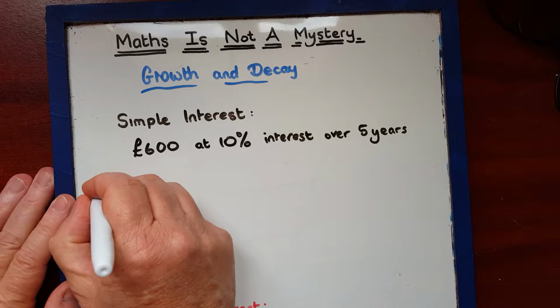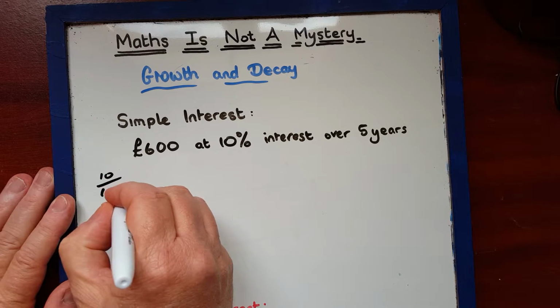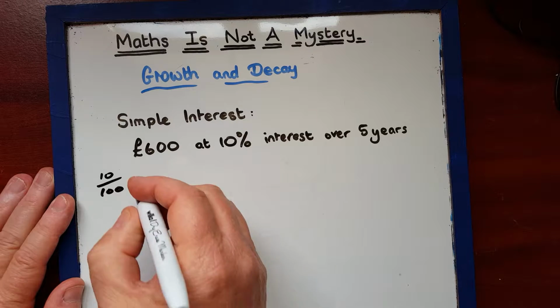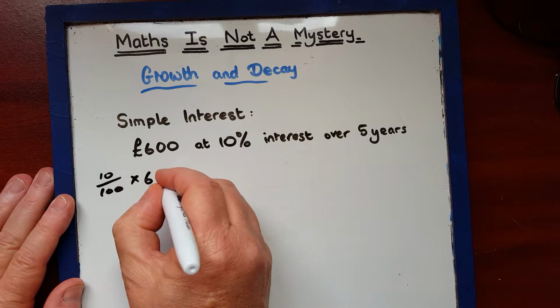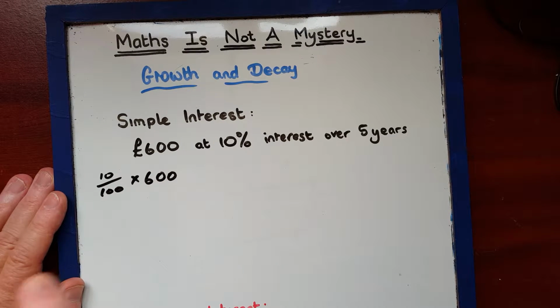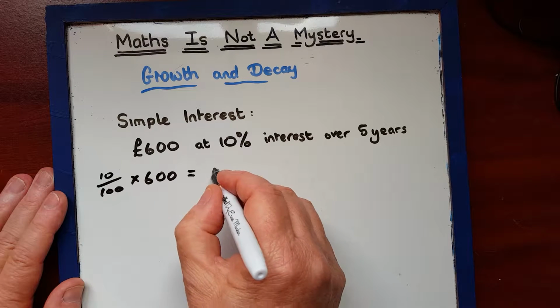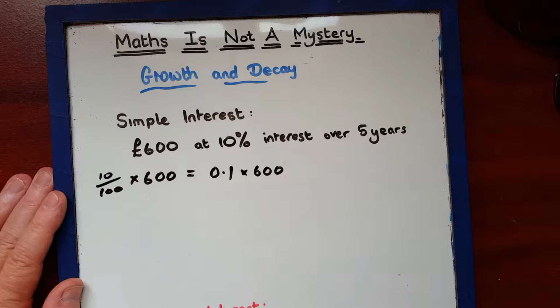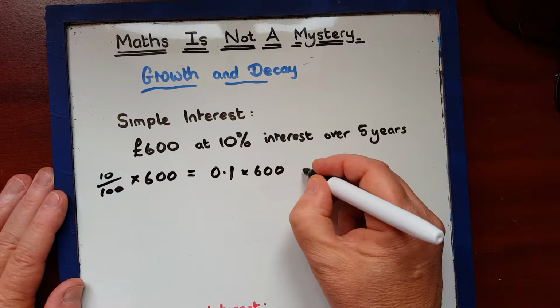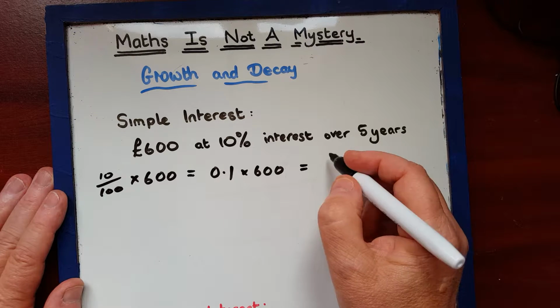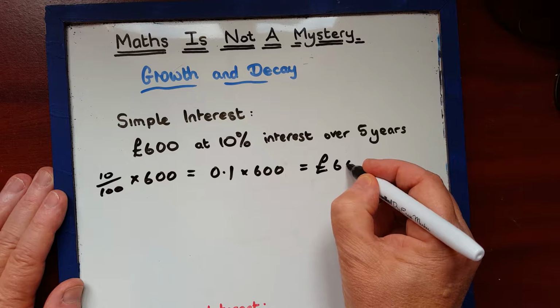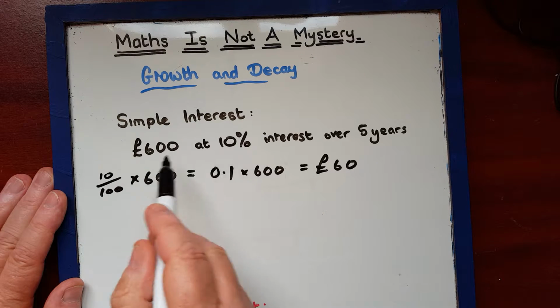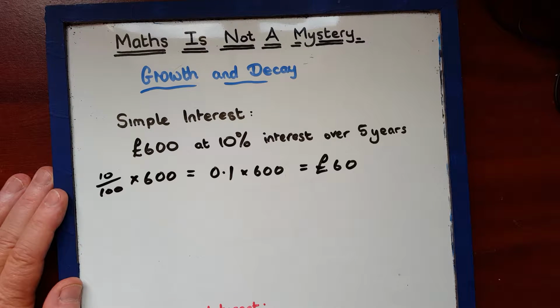Let's just do it written down. 10% is 10 over 100 times £600, which then becomes, of course, 0.1 times 600. And that would be £60. Okay, we know that 10% of 600 is £60.